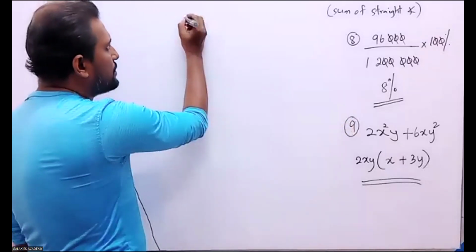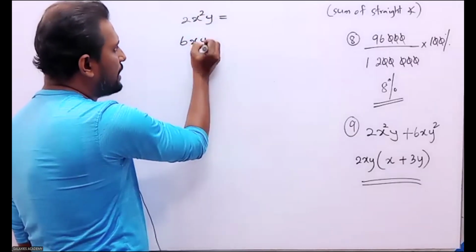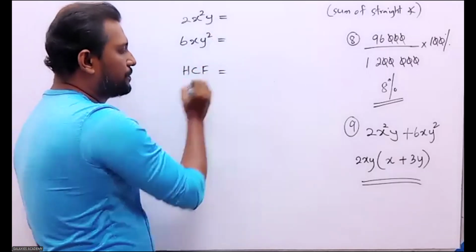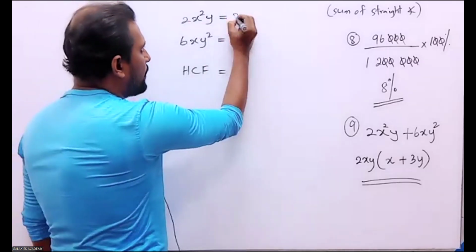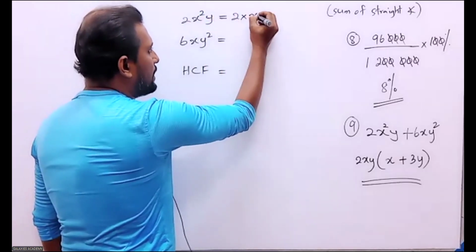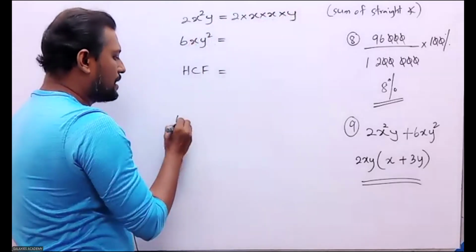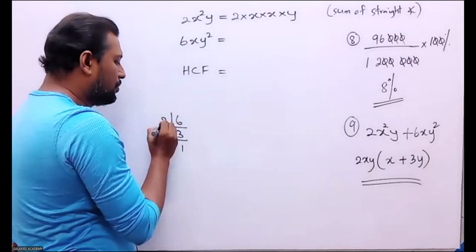What are the two terms? 2x squared y and 6xy squared. First I can find the HCF of these two. 2x squared I can write as 2 times x times x times y. 6 I can write as the product of prime numbers, 2 times 3.